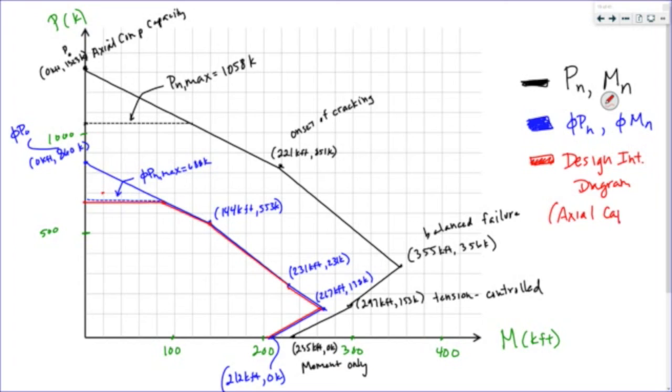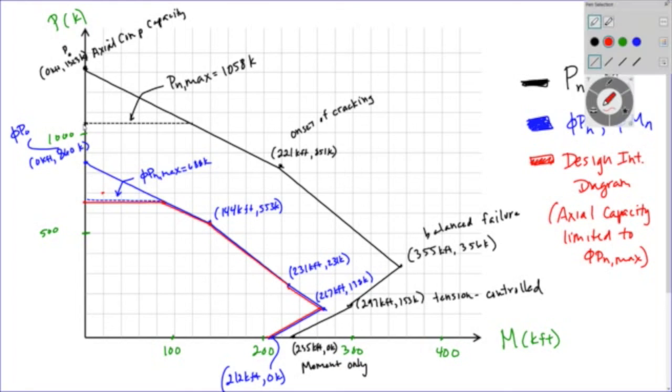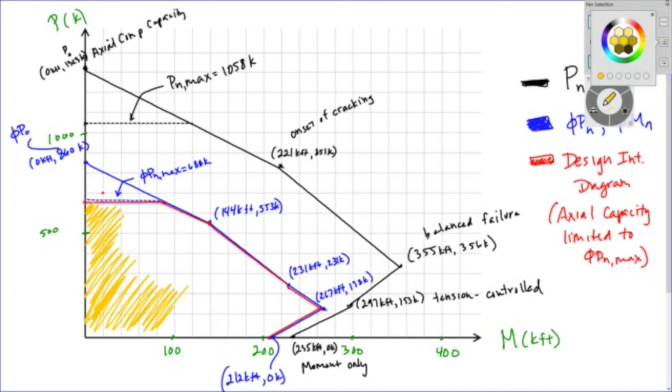Basically, you're just chopping it off. So as long as your loads are anywhere in this yellow shade, your designed beam will work.